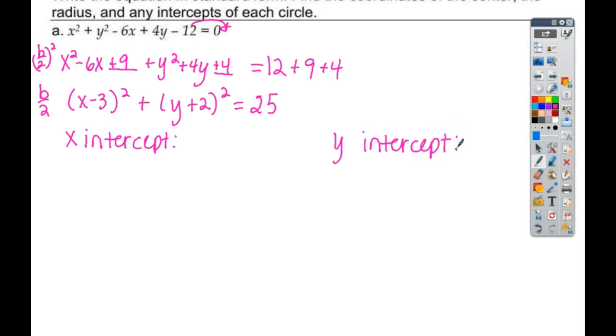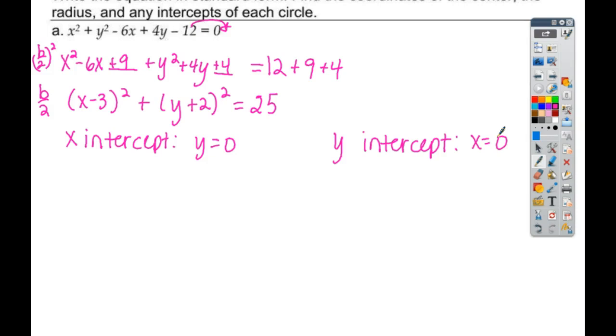So for the x-intercept, the y has to equal 0. For the y-intercept, the x equals 0. Okay. So in this equation right here, I'm going to make this y equal to 0. Okay? So if I make this 0, what do I have here?